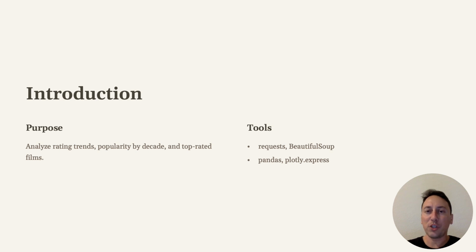To complete this project, I utilized a set of powerful Python libraries, including Requests and Beautiful Soup, which allowed me to scrape and parse the web content directly from IMDb; Pandas, which was essential for organizing, transforming, and analyzing the data; and Plotly Express, a versatile library for creating clean, interactive visualizations that are easy to interpret.